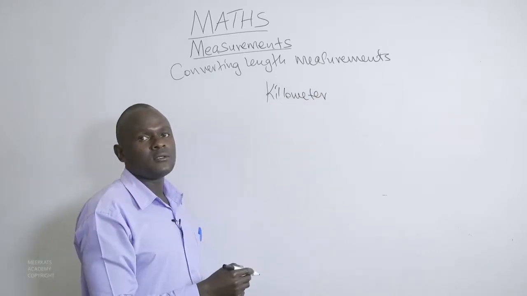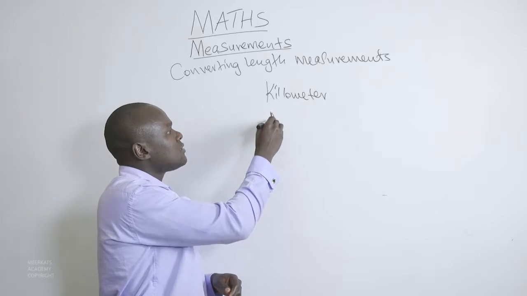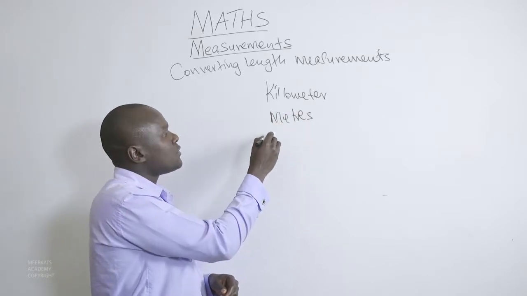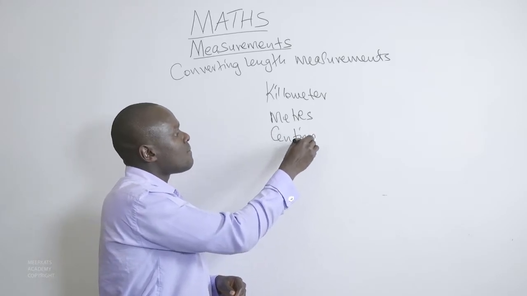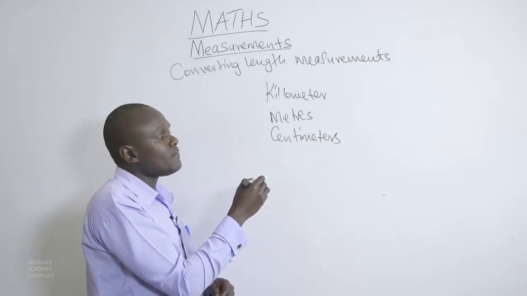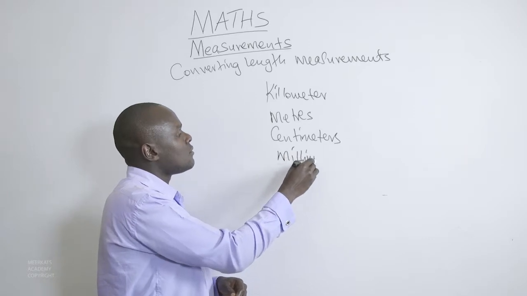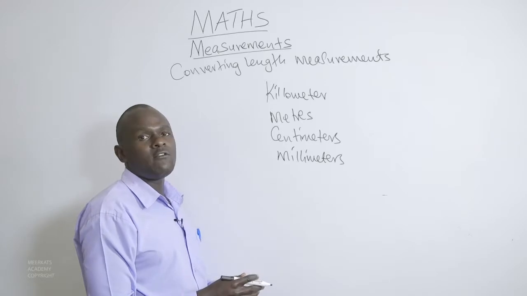From the kilometer down below a kilometer, we have meters. Below this, we can have centimeters. And below the centimeter, we can have millimeters. And even we can have micro millimeters.